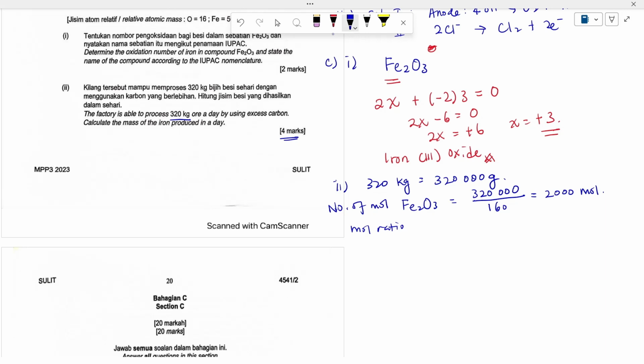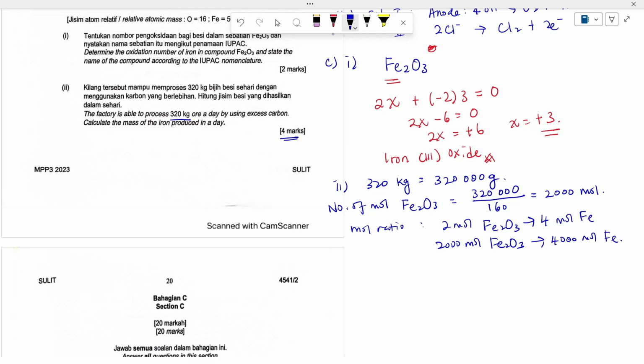2 mole of iron(III) oxide produce 4 mole of iron. So if 2000 mole of iron(III) oxide produce double, it's 4000 mole of iron.